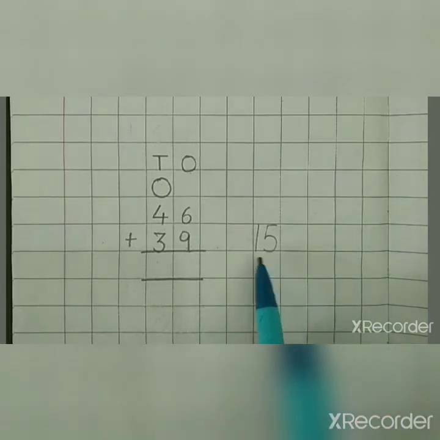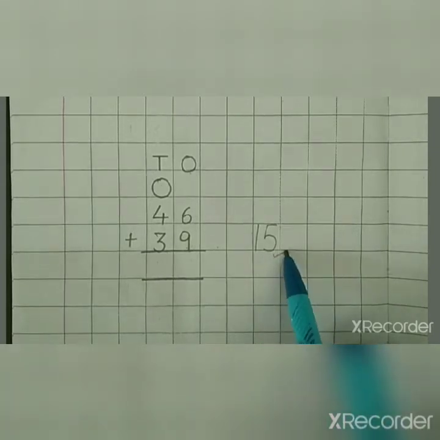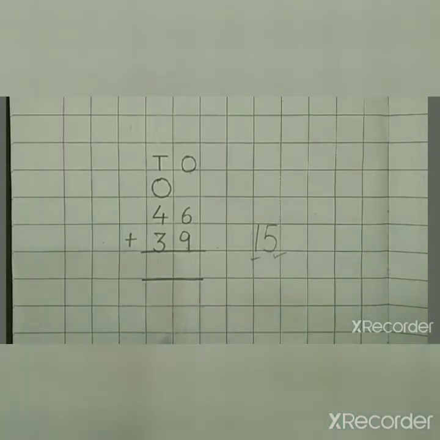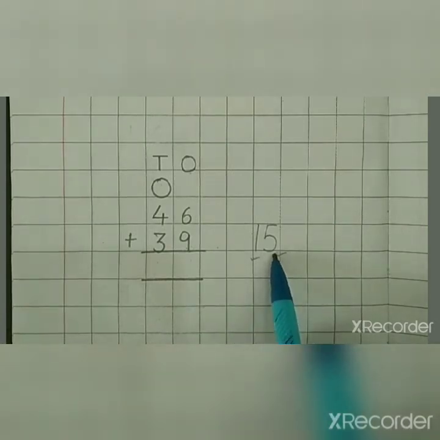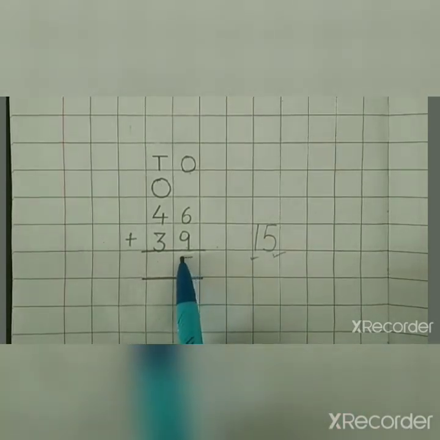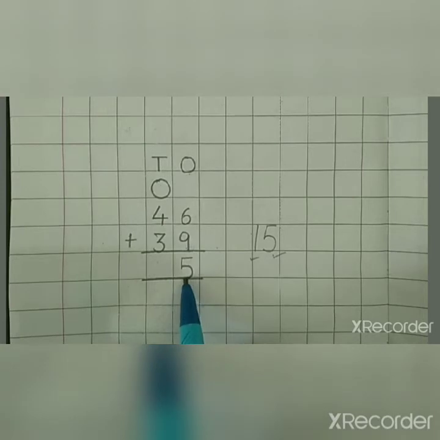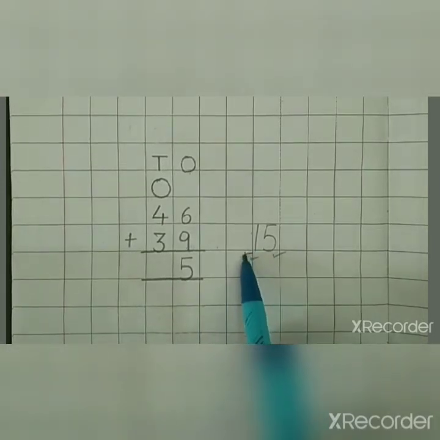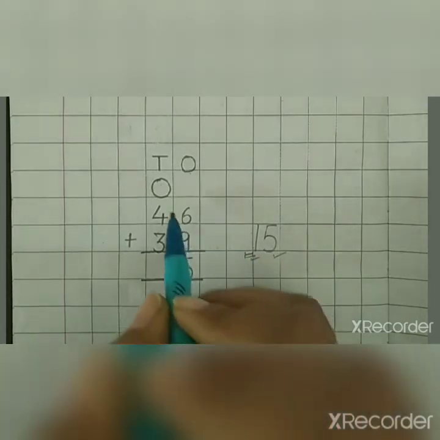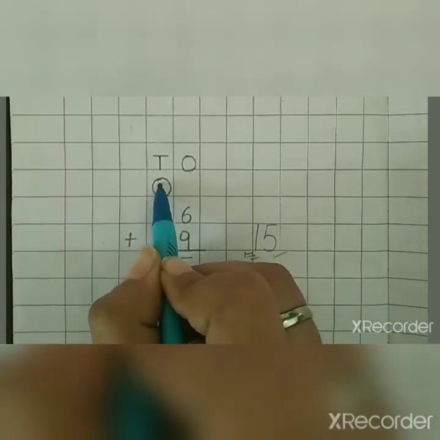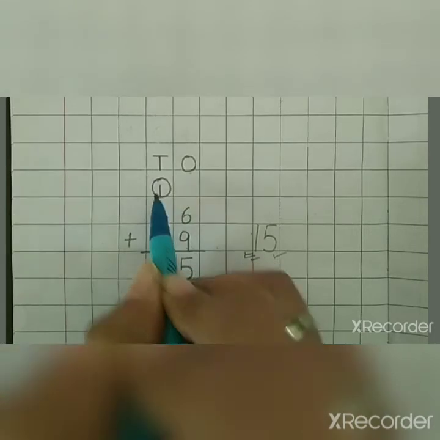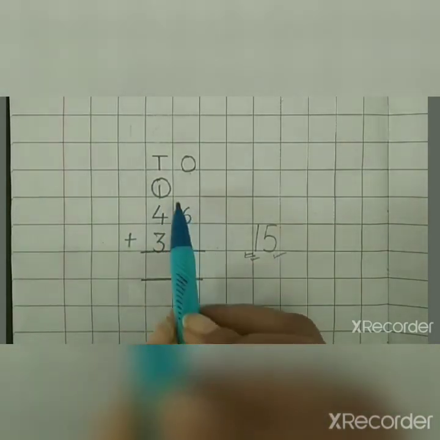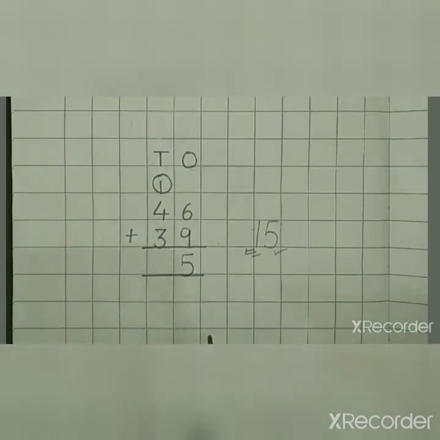You can see in 15 there are two digits, 5 ones and 1 ten. So 5 you will write in ones column, and what is left? 1 is left. So 1 you will write for carry in the tens column.